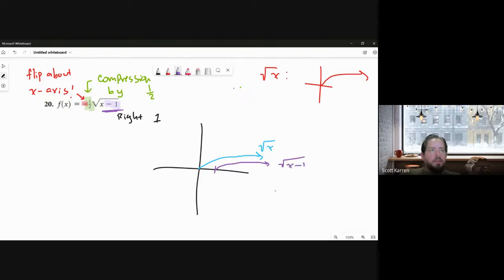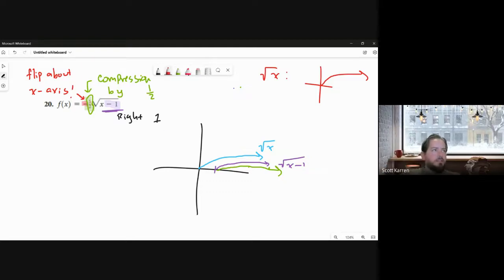Right? And if I compress this by a half, I'll do that in green because that's been circled in green. So everything just gets kind of cut by half. That guy that goes down there, that guy goes down there. So it's, again, my artistic skills are lacking, but it's that purple thing squished, right?